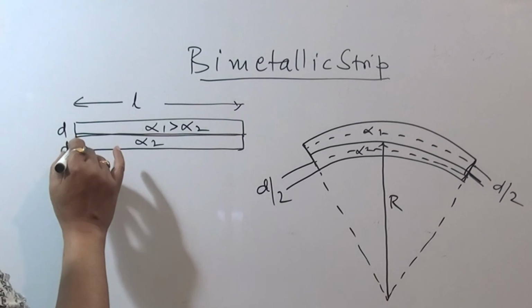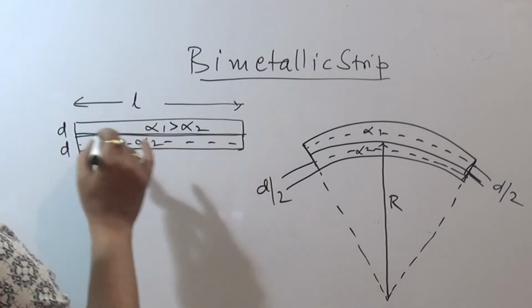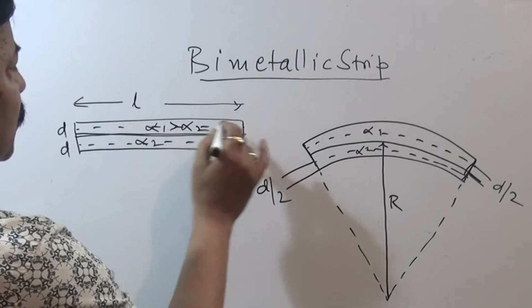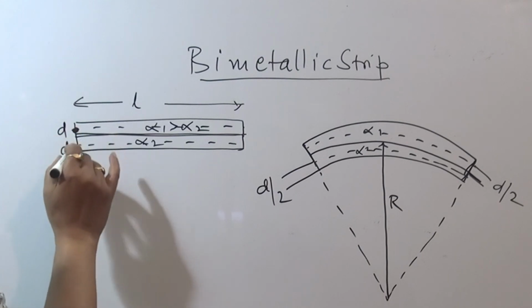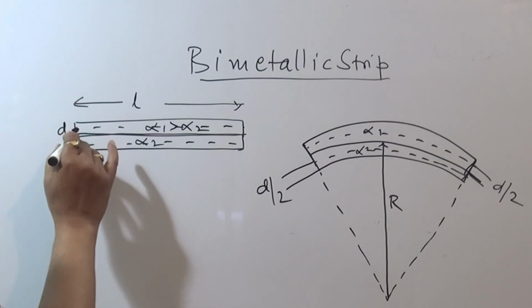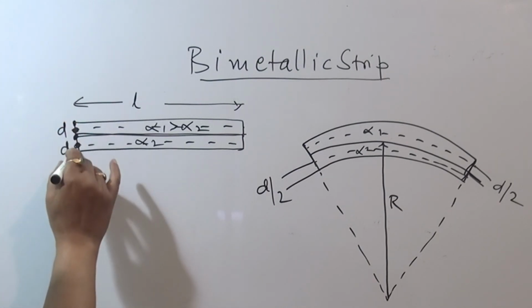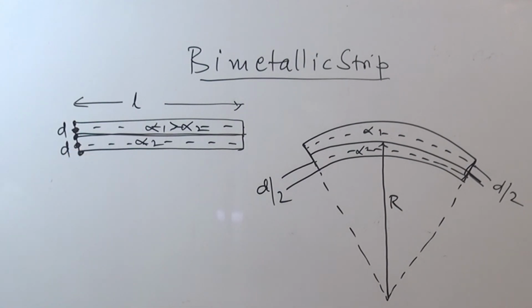I am taking this middle line. So this distance and this distance from here becomes d by 2.